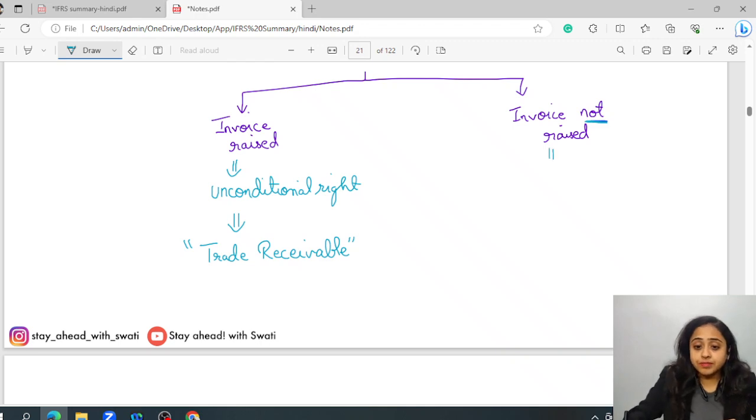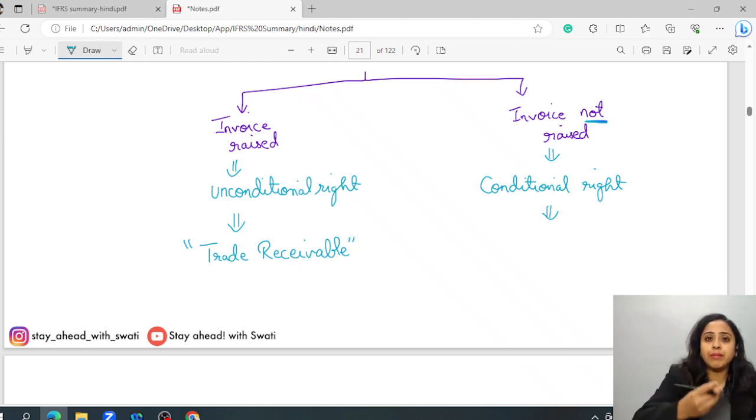Now here, if the invoice is not raised, or you're not allowed to bill a certain part of the revenue, because the invoice is not raised, this means it provides a conditional right. It suggests that there is a conditional right, and therefore such part of revenue for which the invoice has not been raised, but you have to record the revenue, and therefore the corresponding debit must be there.